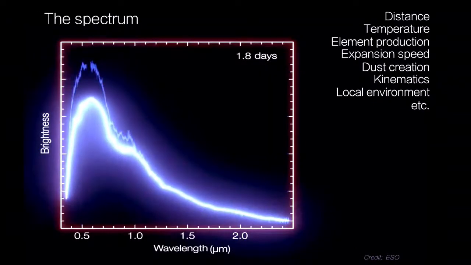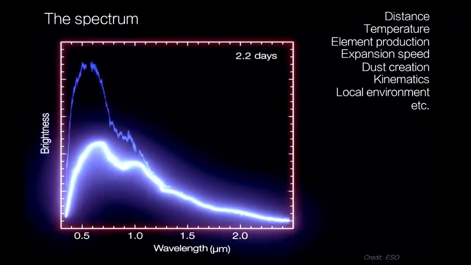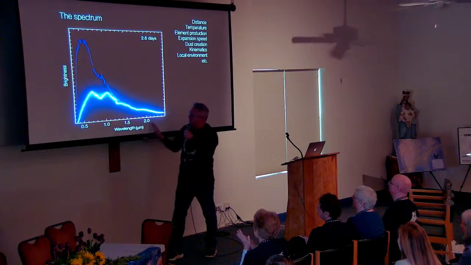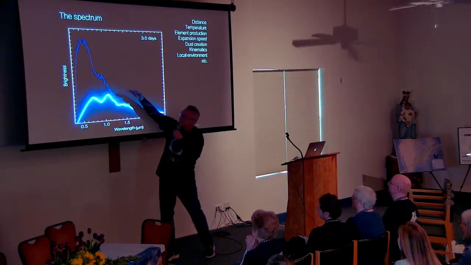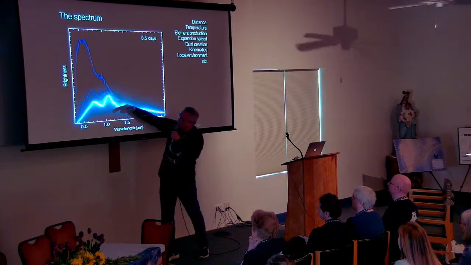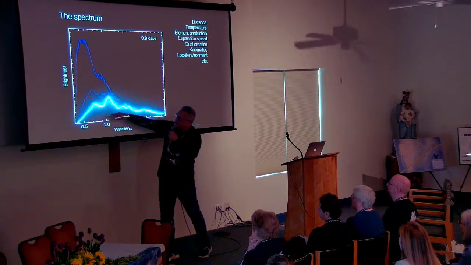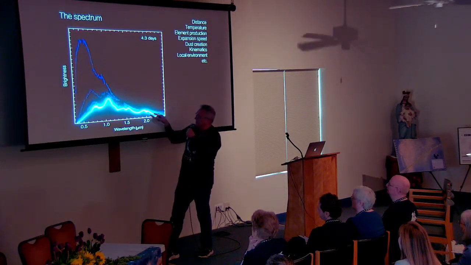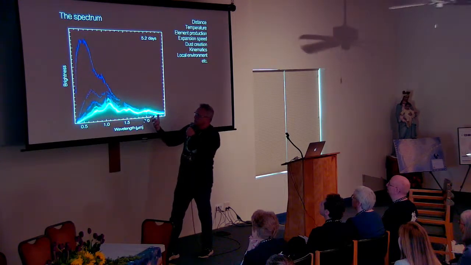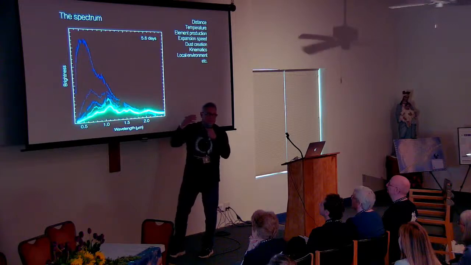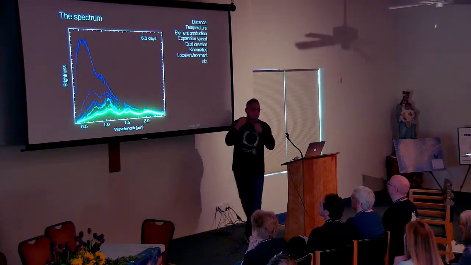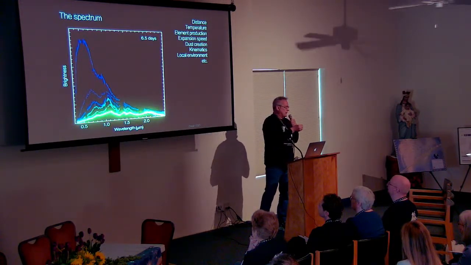So when you look at the spectra over time, this is a spectrum, so this is wavelength like blue to red, only it goes into the infrared, and this is how bright it is. This thing evolves over time and it changes, and as it changes, you get these little wiggles and humps. But the beauty here is that when you learn spectroscopy, these different humps are associated with different elements, and you can see which elements are being made and where and when.